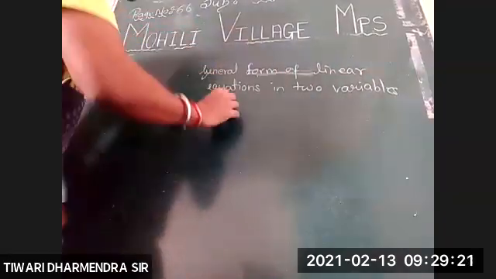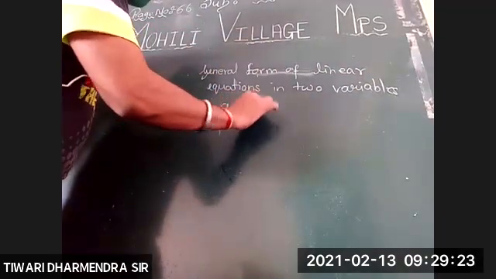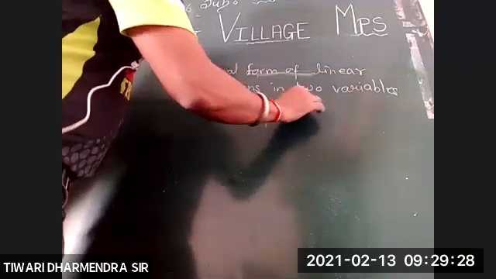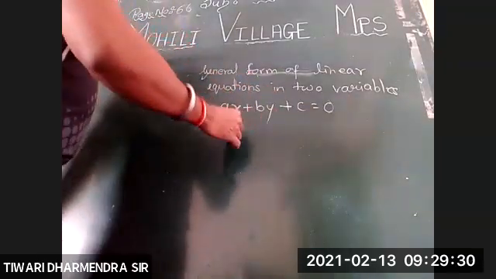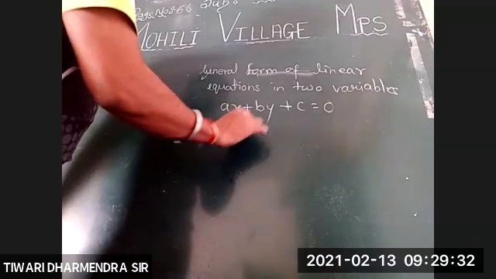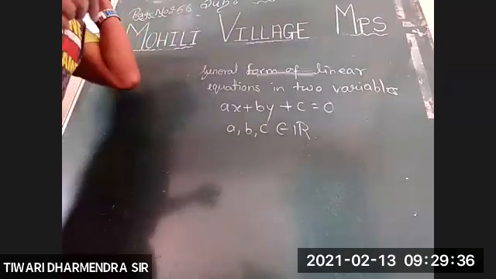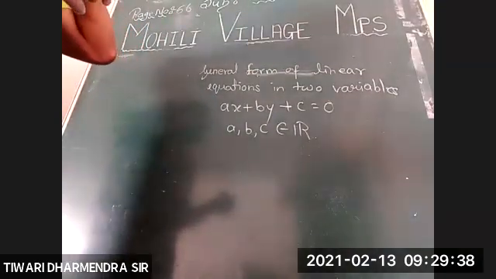So the general form is given by ax plus by plus c is equal to 0, where a, b, c belong to real numbers. And they should not all be zero at the same time.